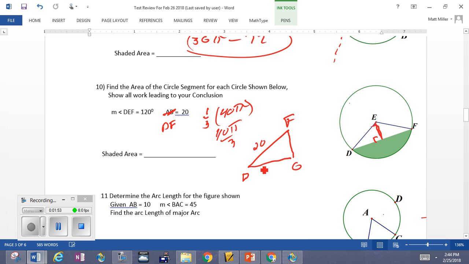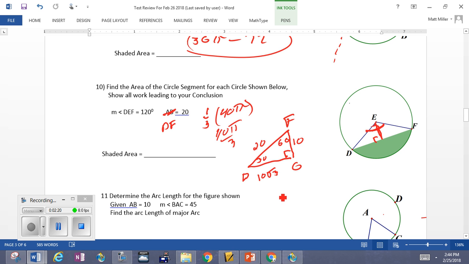It's our radius. Since that big angle up here was 120, we'll cut that in half as 60. There's my right angle. There's my 30. All right, so opposite to 30 is half the hypotenuse, which is 10. And DG is then 10 to the root of 3, because of my 30, 60, 90 relationship.